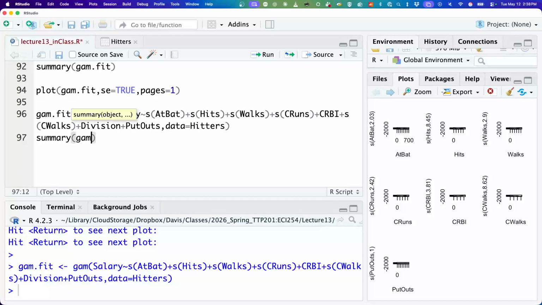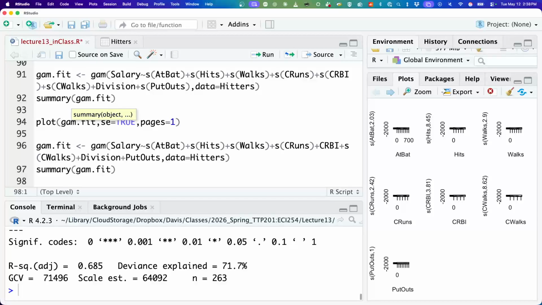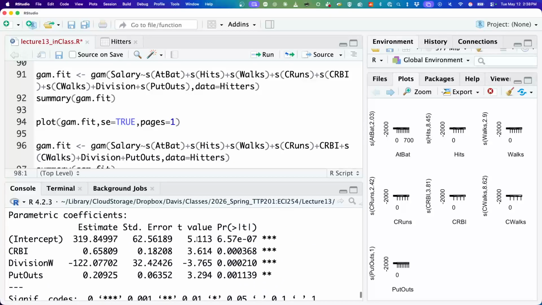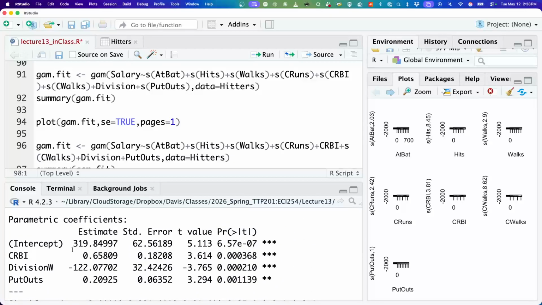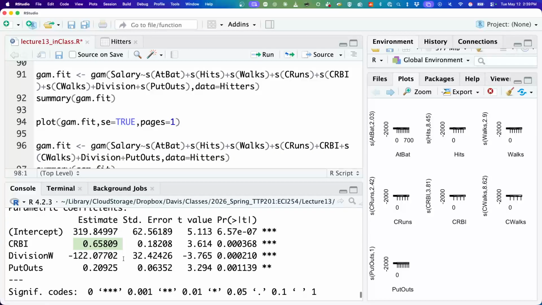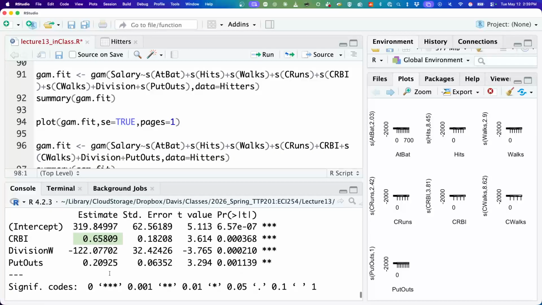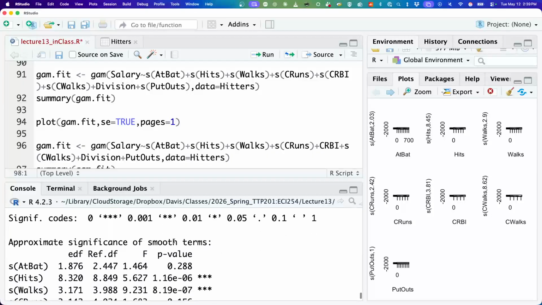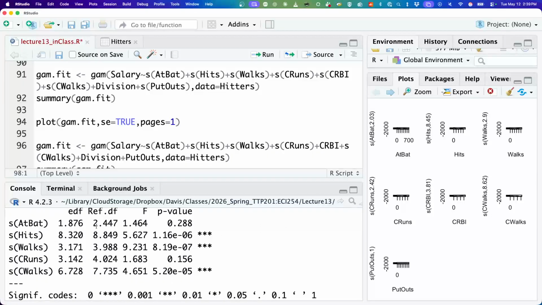And in the summary, here now I can get the beta coefficients that are interpretable as before, leaving these linearized because of what I saw in my previous plot, combined with spline versions of all of the other variables, right?